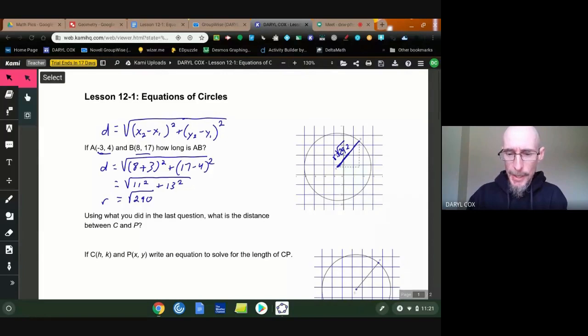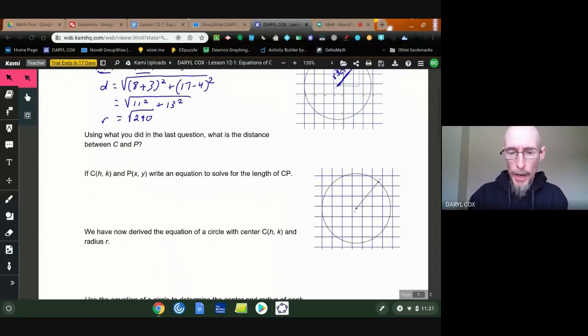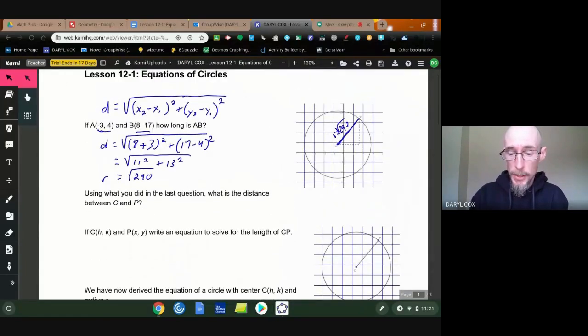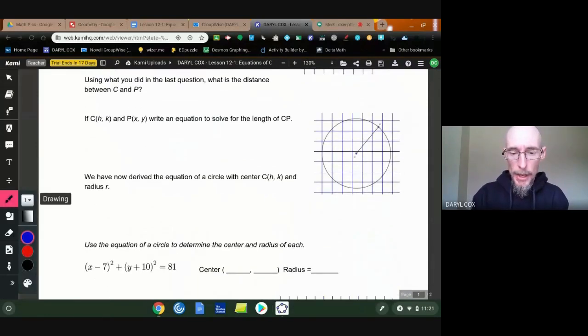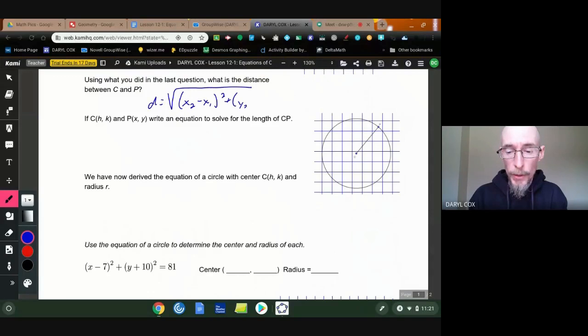So let's take that same idea, that same formula, and apply that. Instead of having points A and B, let's apply it to points C and P here. So we're doing the same formula. We're still using our distance formula. I'm going to rewrite that. Again, the more you rewrite your formulas, the more likely you are to remember them. And now I'm going to substitute h, k and x, y.